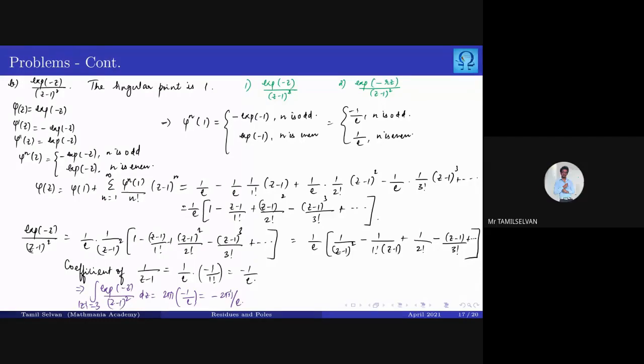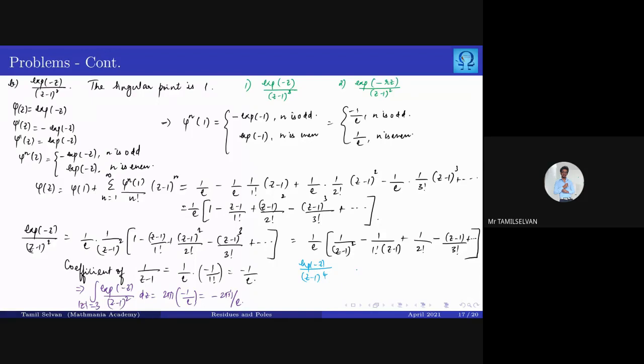Tell me your problem. Exponential of minus z by z minus 1 to the power 4. So your problem is exponential of minus z upon z minus 1 to the power 4, sir. 4. Good.